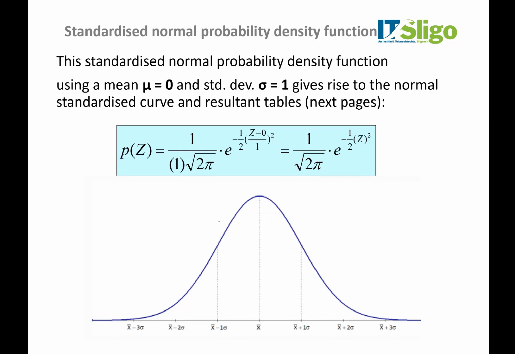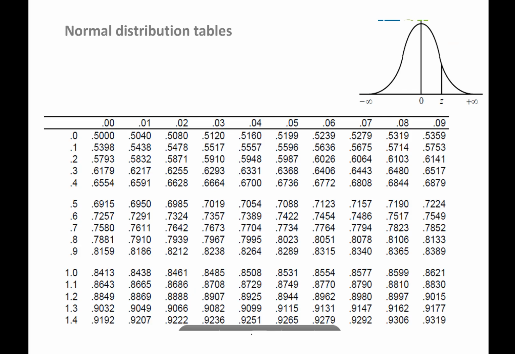So this is the standardized curve. The mean is technically 0. And here are the tables. Now, down here are the z-scores. So here's a z-score of 1. And we can count out then, so a z-score of 1.5 would be here.